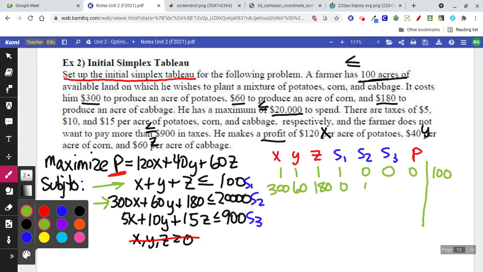Don't have S1, but we do have S2. None of these, and it equals 20,000. Third one, got 5x, 10y, 15z. None of these, but yes, there's an S3. There's no P in that equation, and it equals 900.